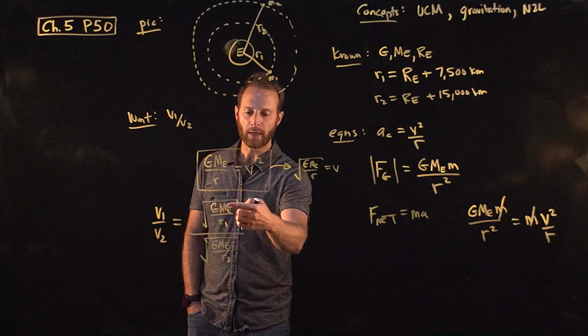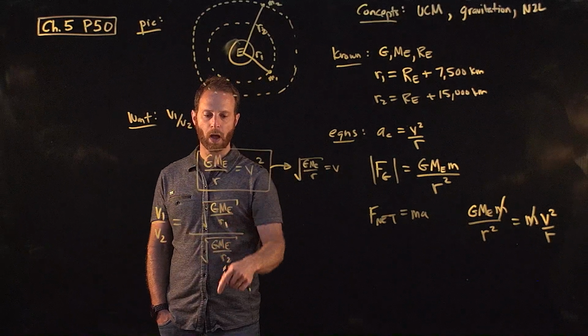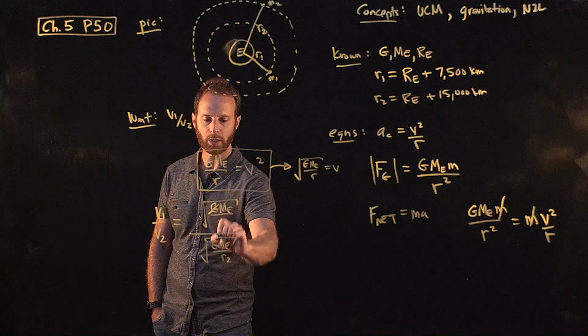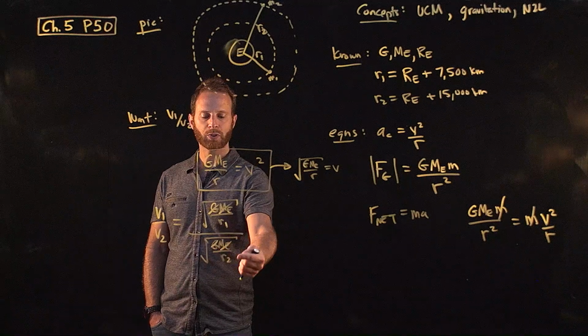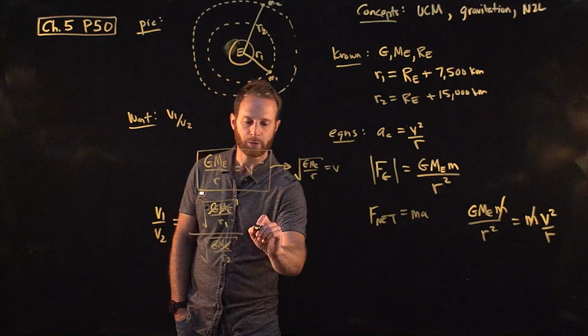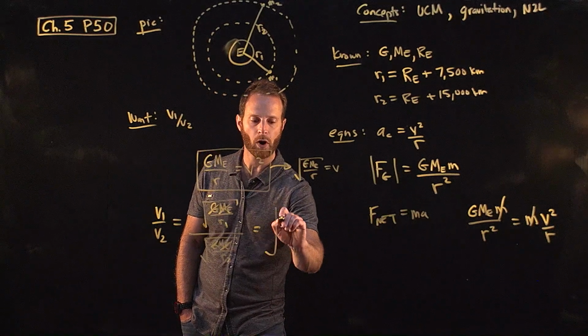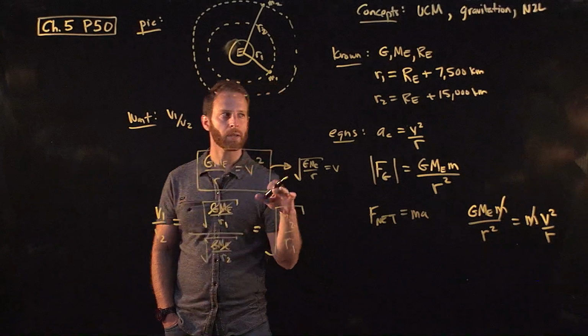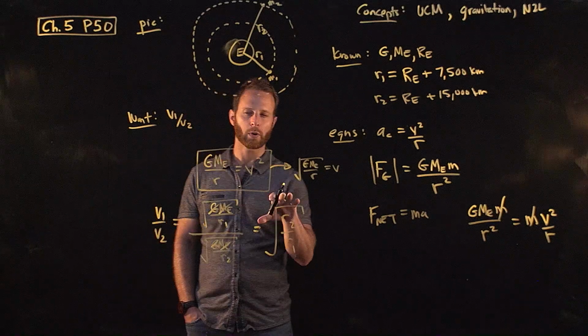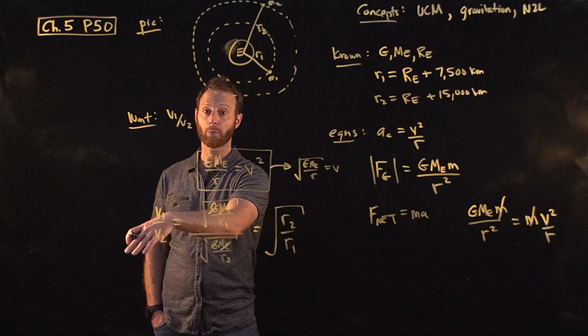See that the G and the M_E are common to both the top and the bottom, and so they don't matter. The G cancels with the G, the M_E cancels with the M_E. This R2 is in the denominator of the denominator, and so this should simplify to be the square root of R2 over R1.